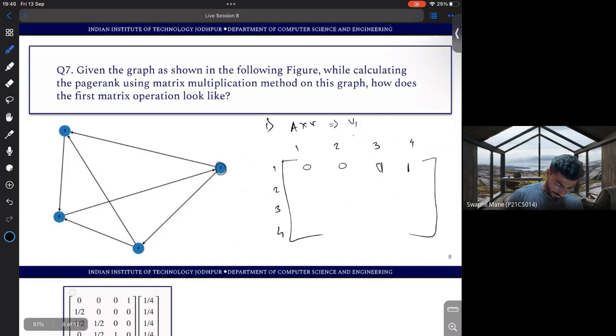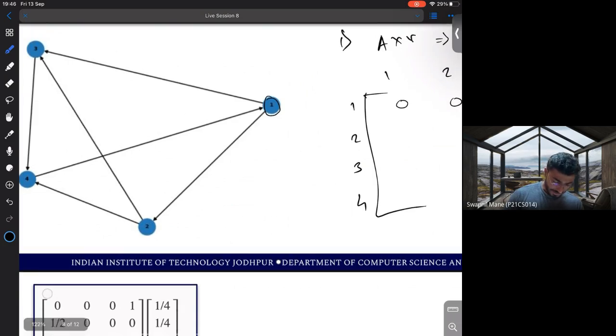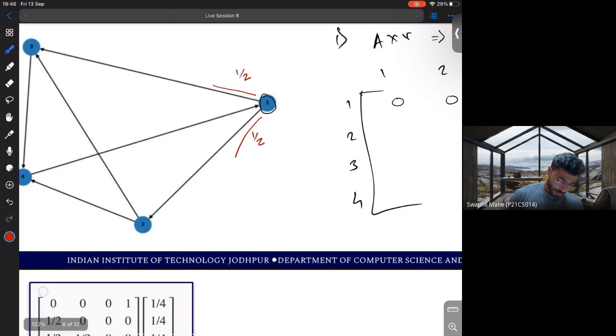Let's take the second node. The second node is getting an incoming edge from node number 1, right? But you can see node number 1 has two outgoing edges. That means whatever value it has is distributed equally between these edges, half here and half there. So half of the value of node 1 goes to node 2.